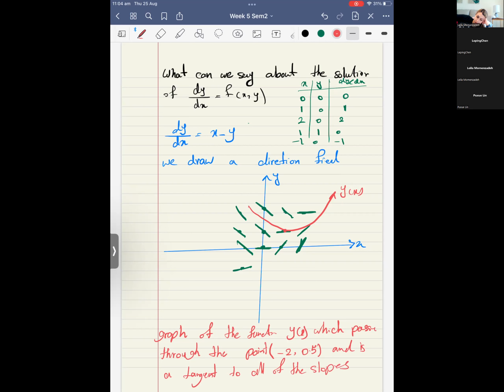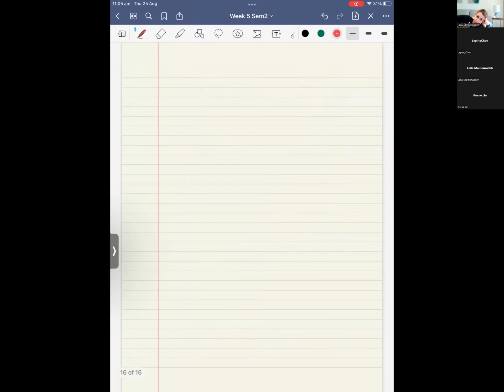Okay. The other method that you have in differential equations is Euler's method.